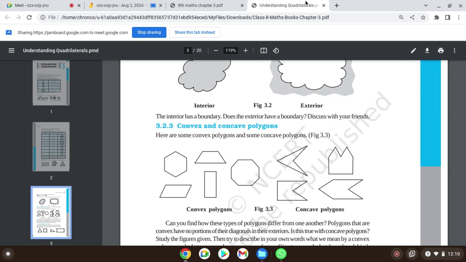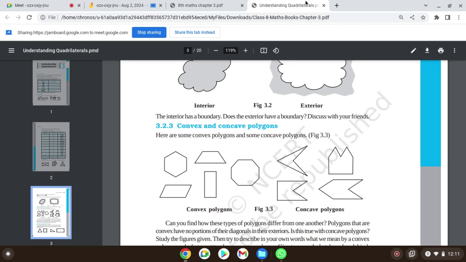These are regular shapes, proper shapes, closed shapes. But a closed curve that is not made with straight lines is different. Those are the curves.